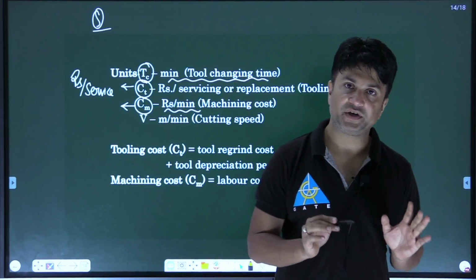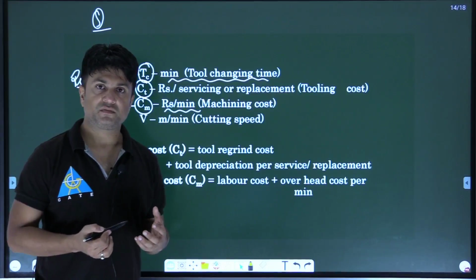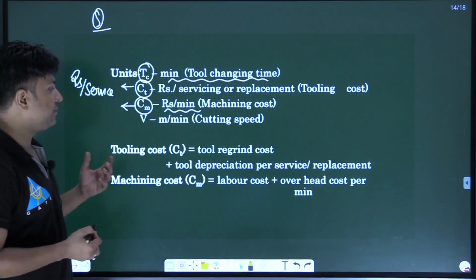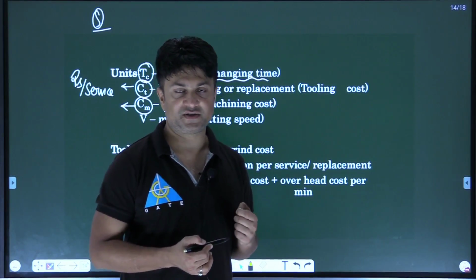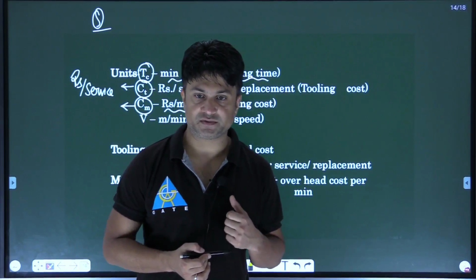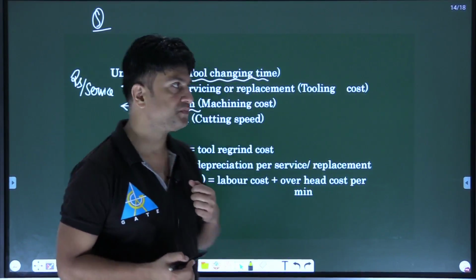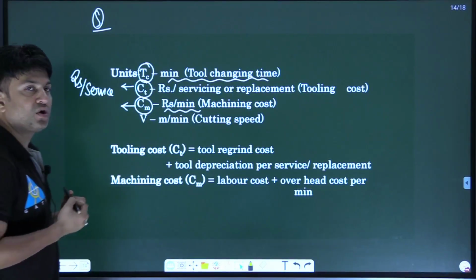Got it? Machining cost. Now there are some hidden costs also, which maybe you are not able to understand, but during a question you will understand that concept. For that I'm going to solve an ESC conventional question, which will give you a better scenario. Sometimes in tooling cost there are a lot of hidden costs.